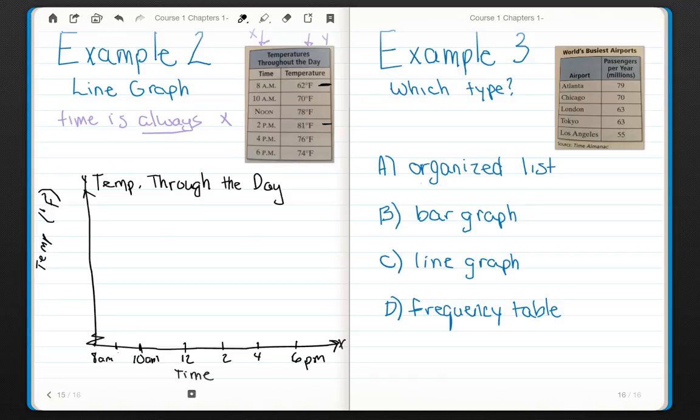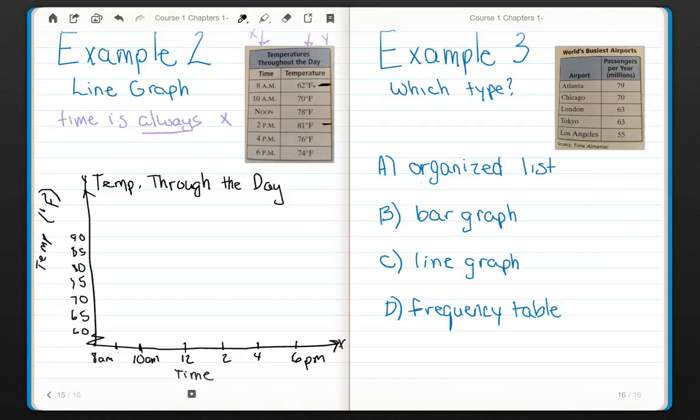This means that there are temperatures between 0 and my first temperature of 60, but I'm not going to list them because that's going to make my graph really, really long. So I'm going to start at 60, 65, 70, 75, 80, 85, 90, and that's plenty.